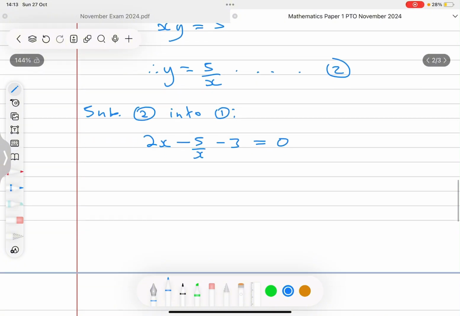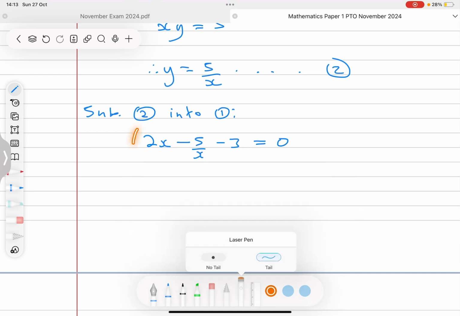Then you can see that I only have the x in this equation because we have eliminated the other variable, the y. Now at this stage, I'm going to multiply by x on all the terms on both sides.